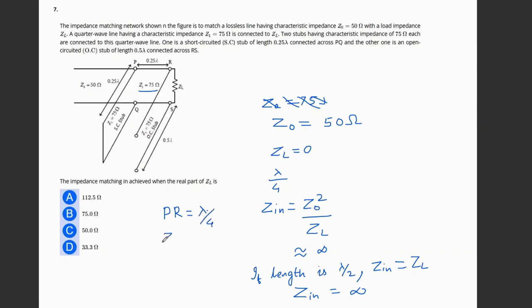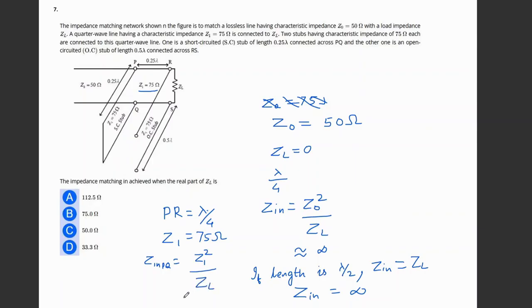The characteristic impedance of that portion, Z1, is 75 ohm. So the input impedance at PQ is the characteristic impedance squared, that is Z1 squared by ZL.